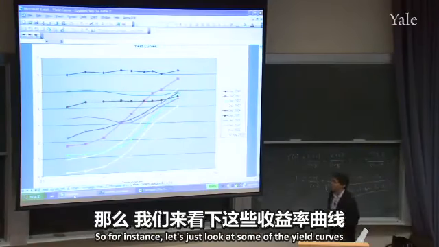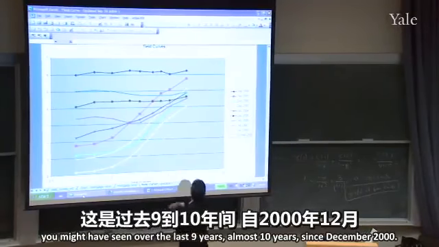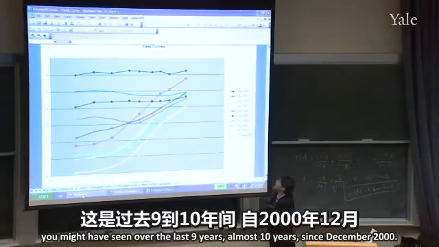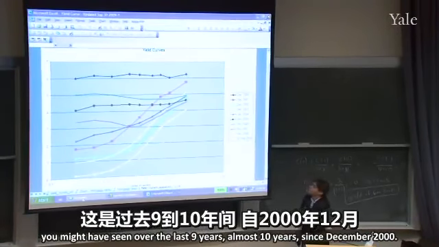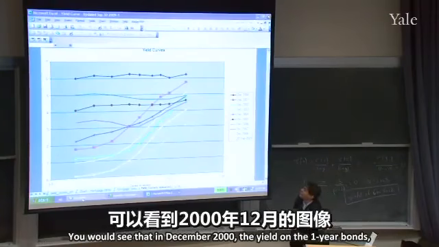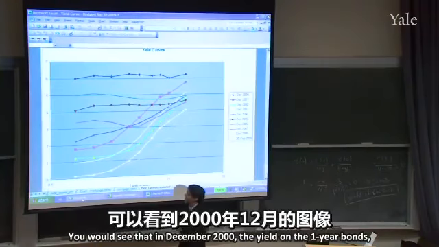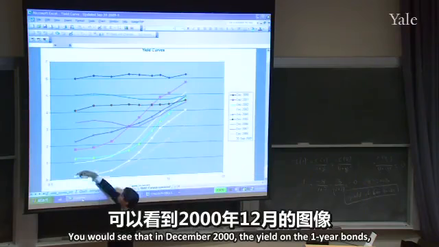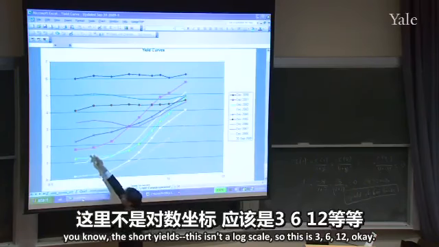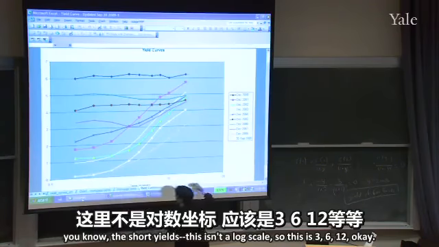So, for instance, let's just look at some of the yield curves you might have seen over the last 9 years, almost 10 years, since December 2000. You would see that in December 2000, the yield on the one-year bonds, or the short yields were, this is in a log scale, so this is 3, 6, 12.